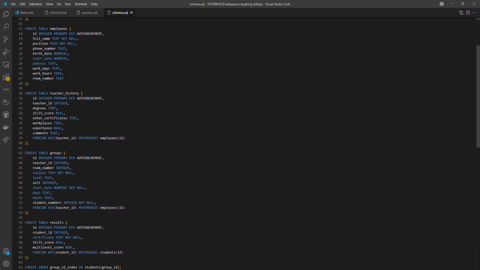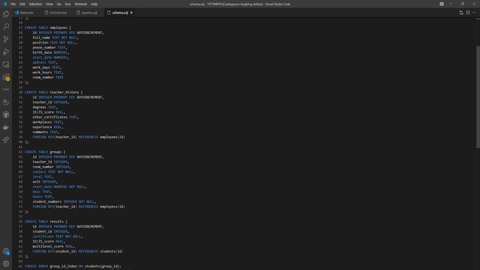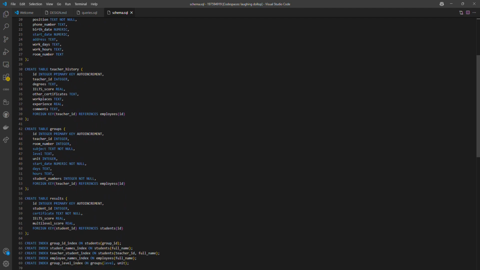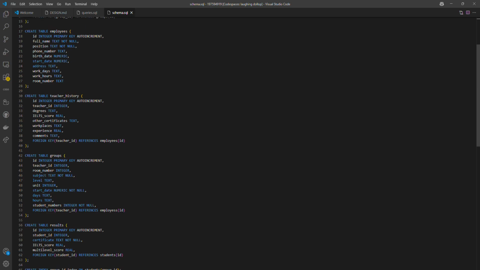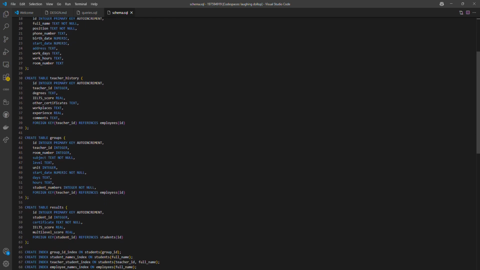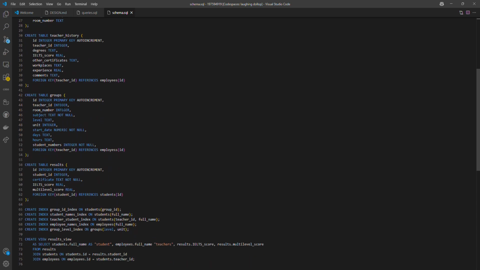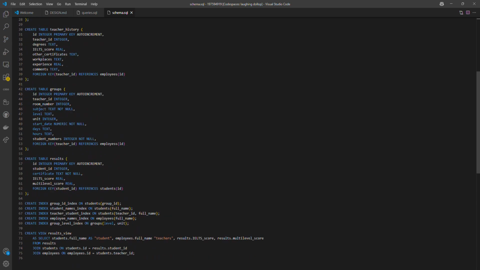And for employees also there are some information about employees, and there are teacher history. And I call this teacher history because it's only about teachers, not employees, but it relates to employees table. And in teacher history, we can see some history of the teachers, the degrees they took or other certificates, workplaces, experience.